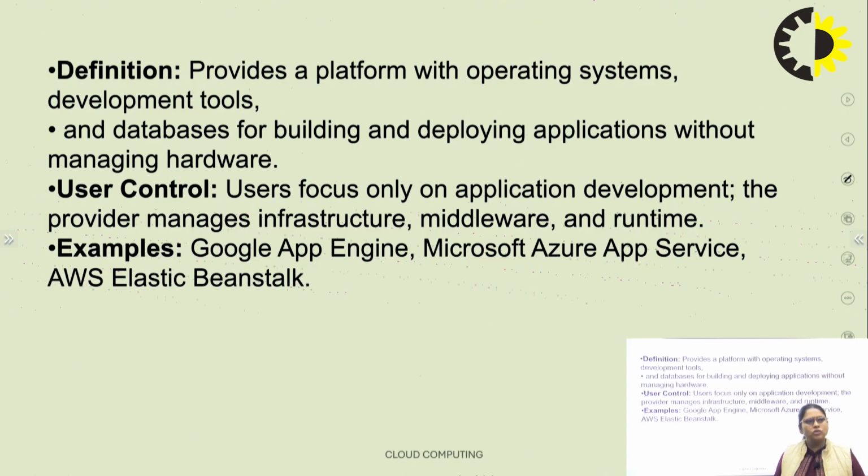The user focuses only on development and deployment. They are not bothered about how to manage the infrastructure like hardware, software, etc. Everything is managed by the provider. Examples of platform as a service are Google App Engine, Microsoft Azure applications, and AWS Elastic Beanstalk.